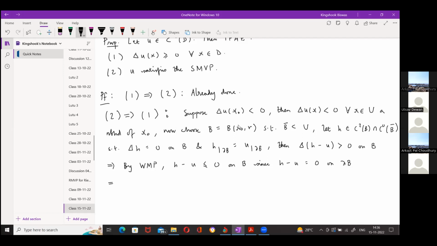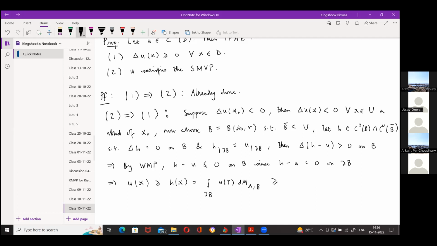So that implies that U of x is greater than or equal to H of x, right? Which is equal to the integral over boundary B of U of xi d mu x. But we're assuming U satisfies the sub-mean value property.